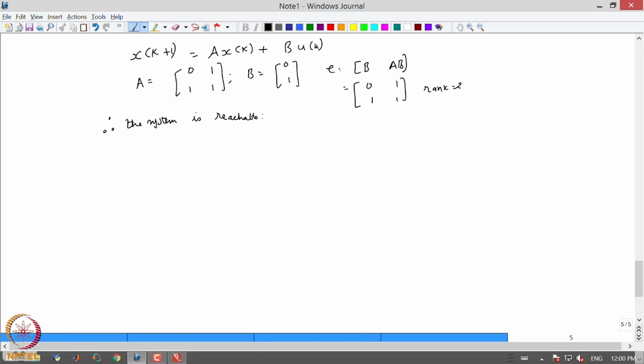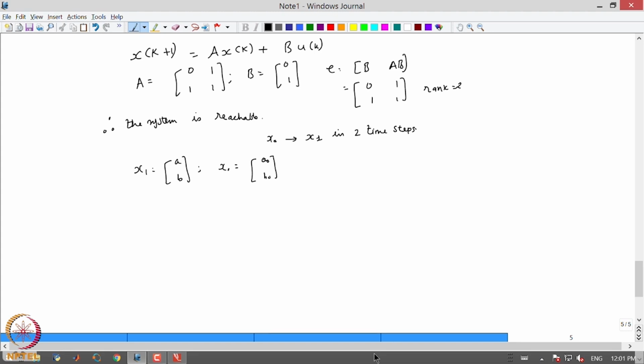Which means that I can transfer from any state x naught to any other state x1 in 2 time steps. Now, let us say I have x1 as some vector (a, b) and x naught is such that this is (a naught, b naught). I want to compute what are the control inputs that will steer the system to any other point in the state space.